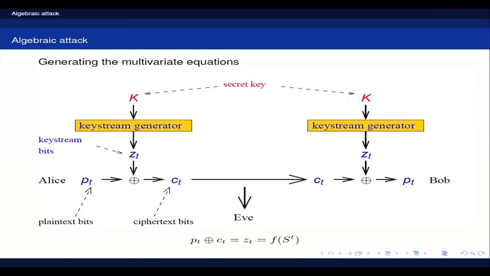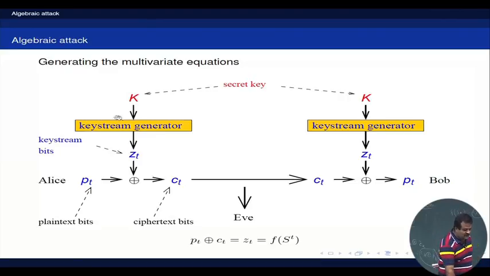So here we have a key stream generator, which is basically the finite state machine, a pseudo random bit generator. The state is initialized by the secret key shared between Alice and Bob, and it generates the key stream sequence serially. This key stream is XORed with the plaintext bit to generate the ciphertext bit, which is sent to Bob over the public channel.